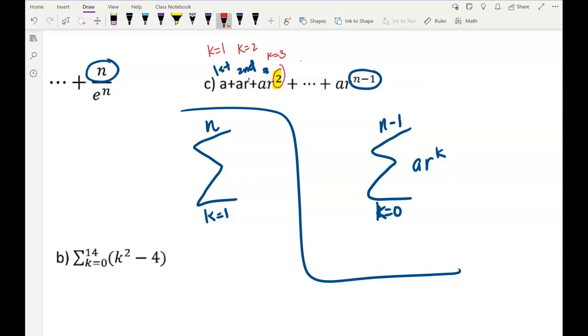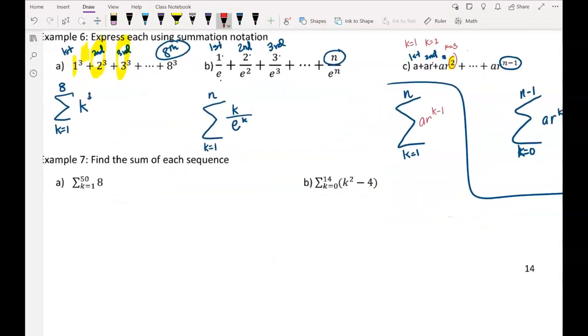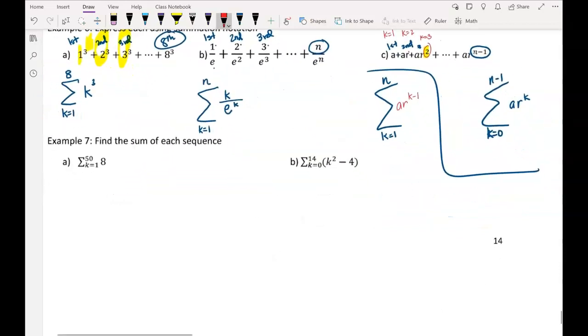This is 1 less. So your formula, students, for this one, is a times r to the k minus 1. So that's what's happening. Those are the two summation notations that you can have, and either one should be fine. Now, on any equations, you can always come up with different formulas. I just have to verify the answer myself.